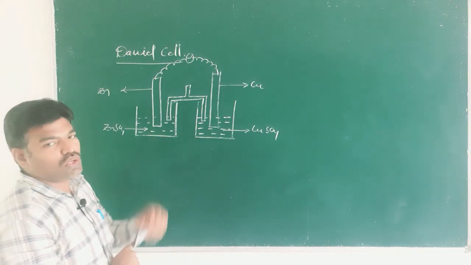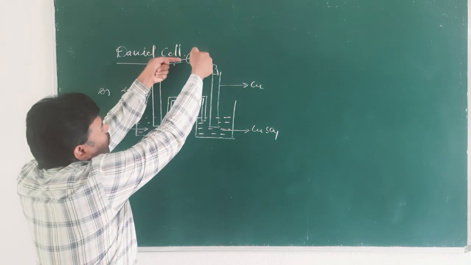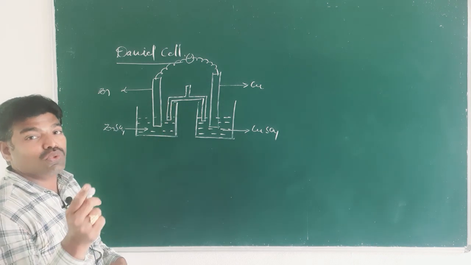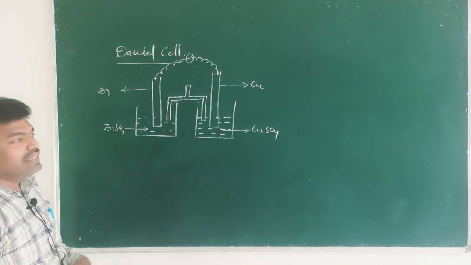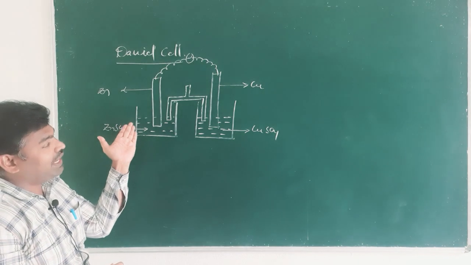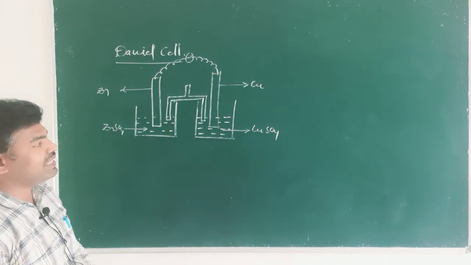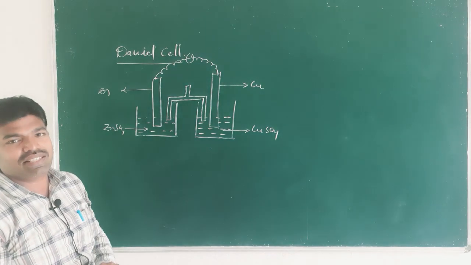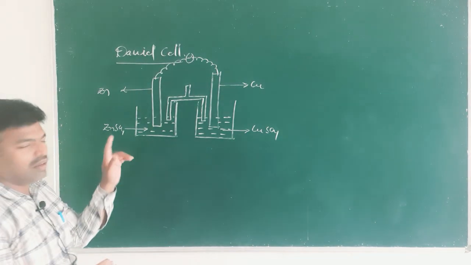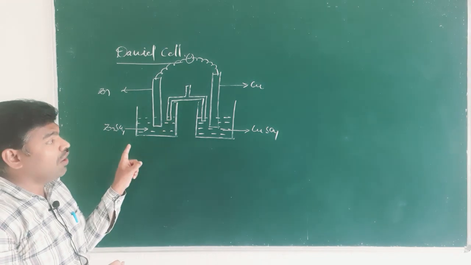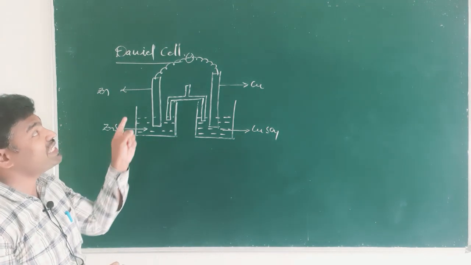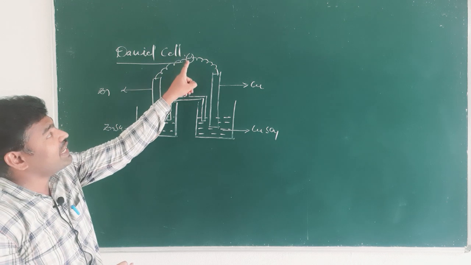As soon as the circuit is closed, that is, when the zinc and copper rods are connected to the ammeter and the two compartments are connected by the salt bridge, flow of current takes place, which is indicated by deflection in the ammeter.